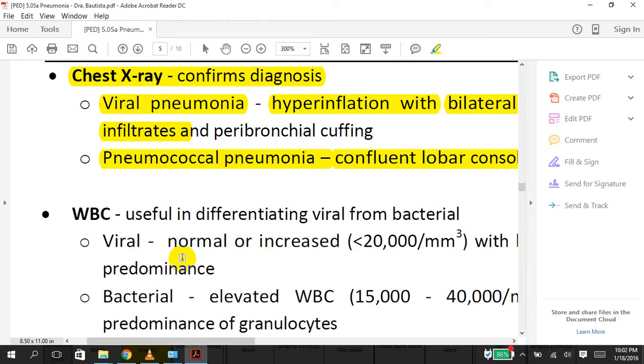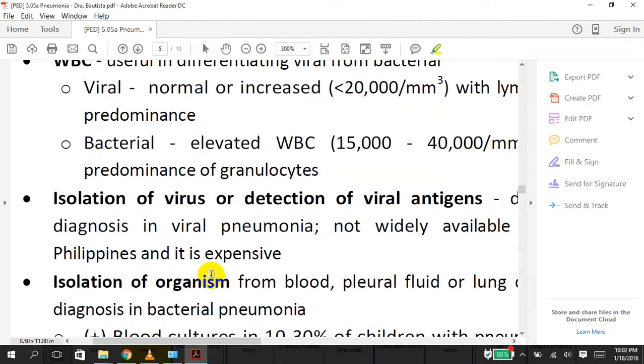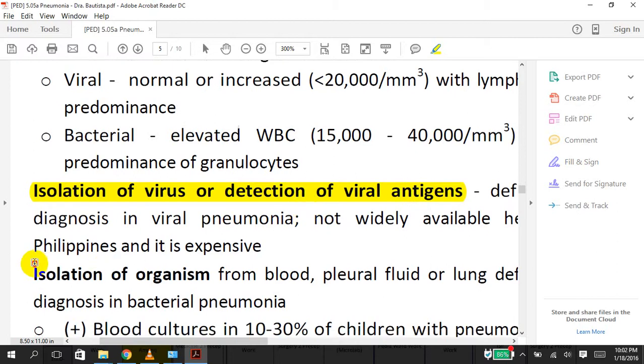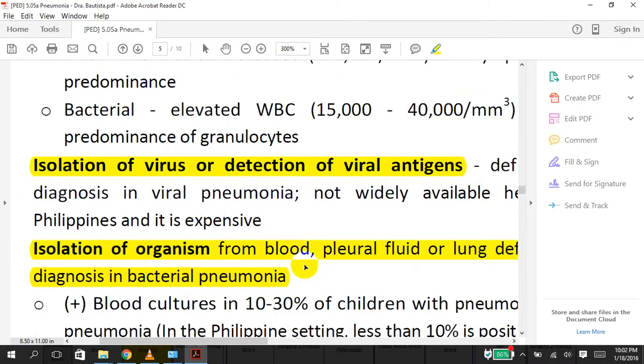As for the microbiological diagnosis, the isolation of your virus or detection of viral antigens, you can have viral culture. If it's viral, you can have viral culture antigen and isolation in respiratory secretions. If it's bacterial, you can isolate the organism in your blood, in your pleural fluid.